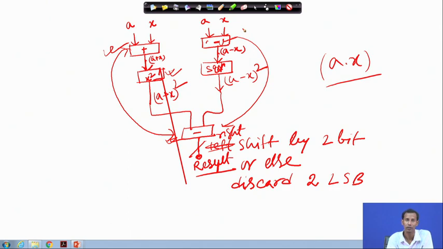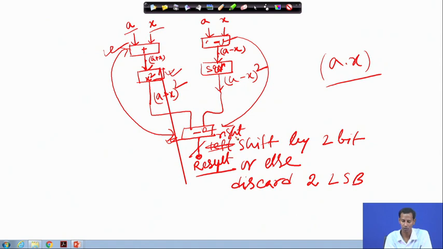So by using this method to calculate the multiplication, if I consider more bits for A and x, this architecture will not give me that much benefit.